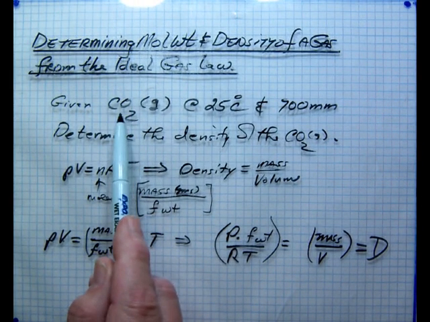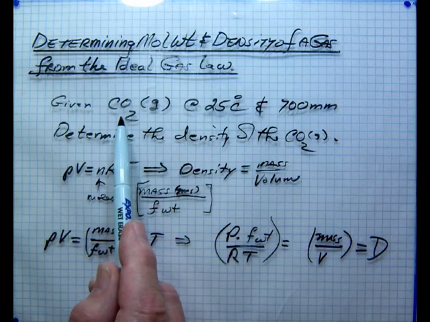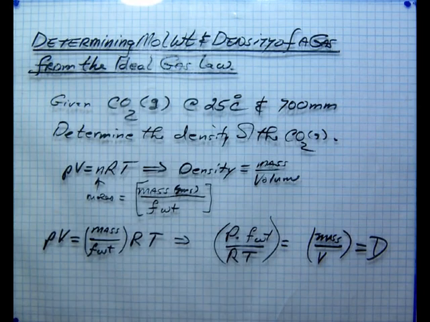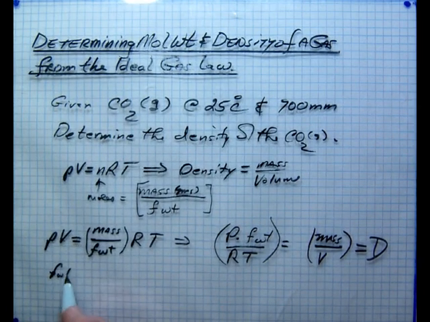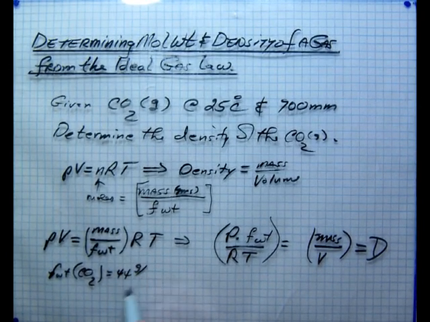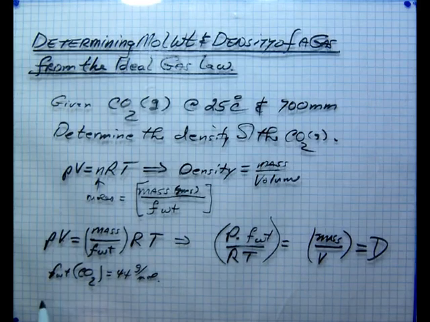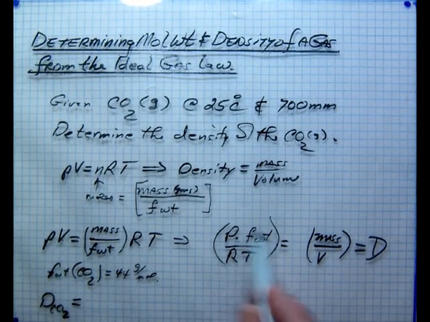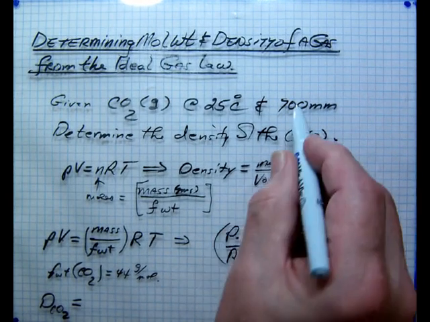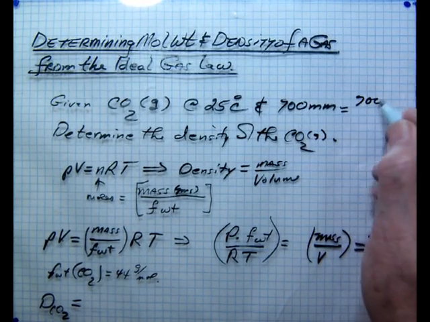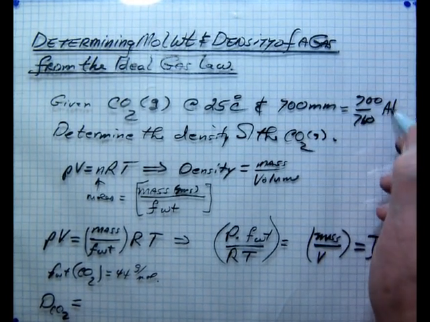Now, some of the problems may just give you a formula, and if they don't give you the formula weight, you've got to certainly calculate it. So this one is 44. Formula weight of CO2 is 44 grams per mole. And so now we can calculate the density of our CO2 in this problem by plugging it into this expression. Pressure at 700 would be equal to 700 over 760 atmospheres.